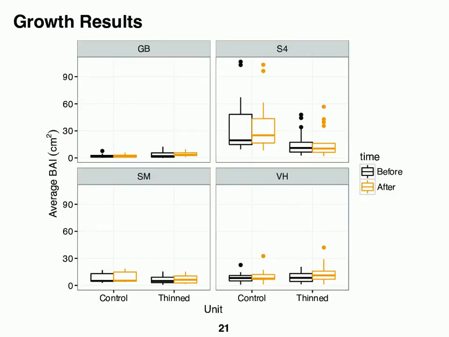So here's a look at this data of the average BAI response before and after. Before is the black on the right, and the orange is after. And the first thing that jumps out is the differences between sites. And they're growing so fast at this site that it makes it actually hard to see some of the differences that exist at these other sites.